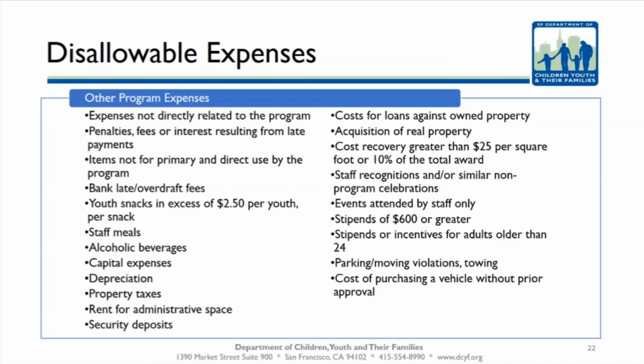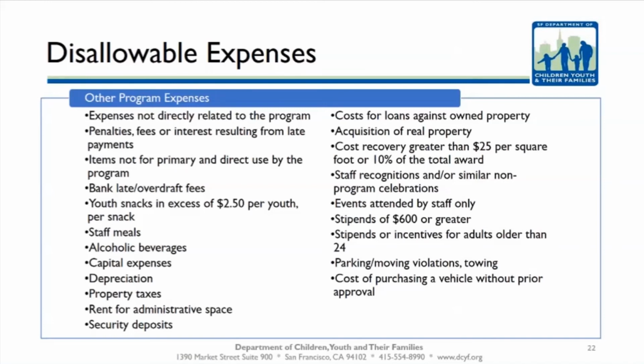Any penalties or fees resulting from late payments you might make, those aren't eligible. Any items, materials, supplies not in use by the program, any late fees or bank overdraft fees. Here's the line on youth snacks that I mentioned earlier. Anything in excess of $2.50 per youth per snack is not going to be allowed.